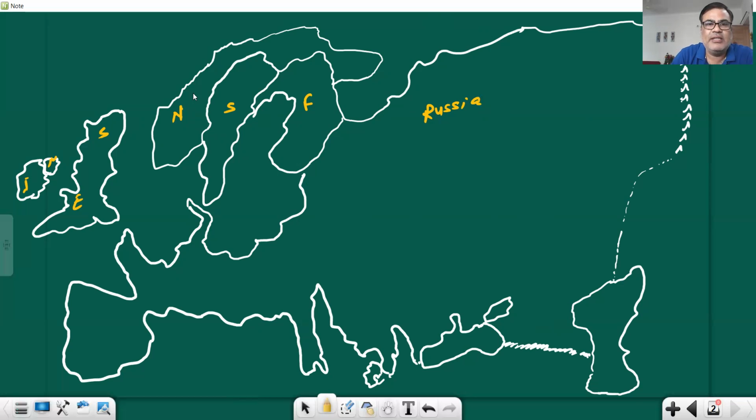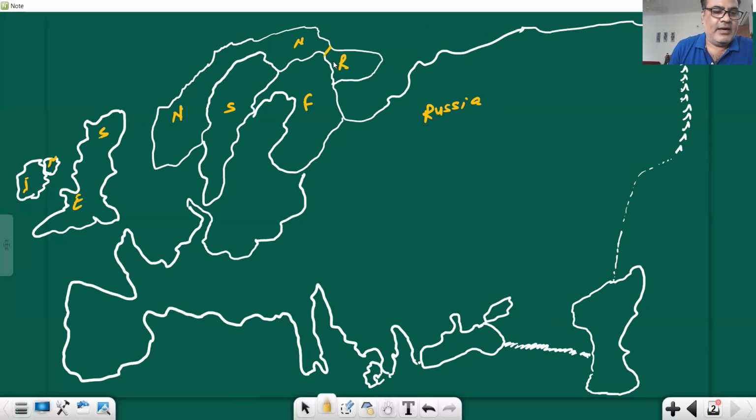As you can see, Norway comes here, and here it actually joins the map of Russia also. So remember that Russia and Norway share their political boundaries. This is Norway and this is Russia.